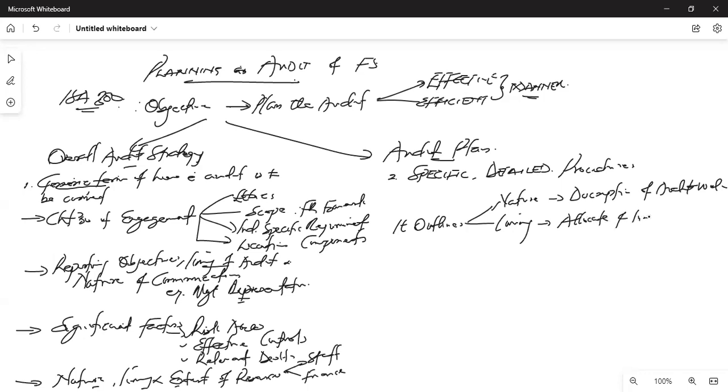Most of the time, they come and spend about 1 month, depending on the size of the firm. So the audit plan outlines the allocation of the time. And the extent here shows the point to which the evidence that you gather is enough.